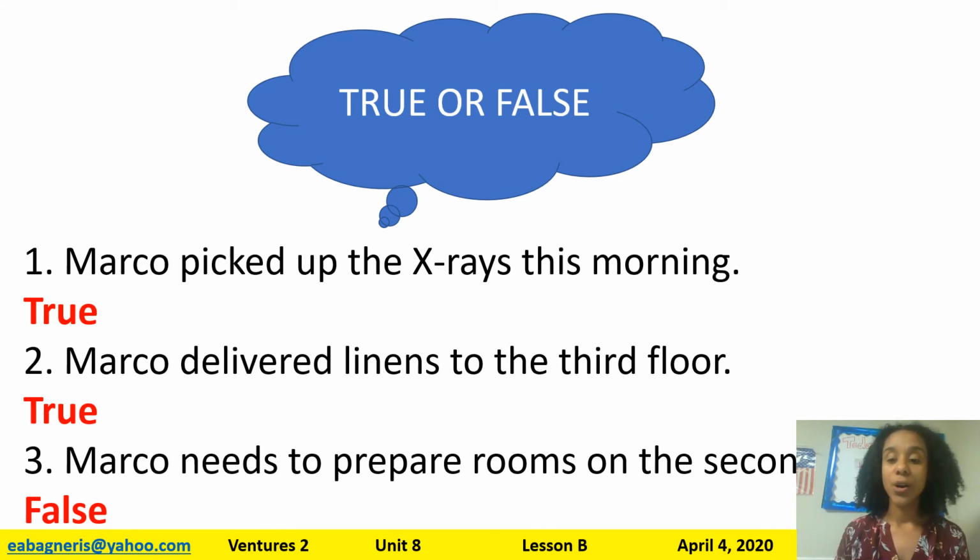When it says he needs to, it means he hasn't done it yet. But he said he already prepared rooms on the 2nd floor. He's finished. So Marco does not need to prepare rooms on the 2nd floor.